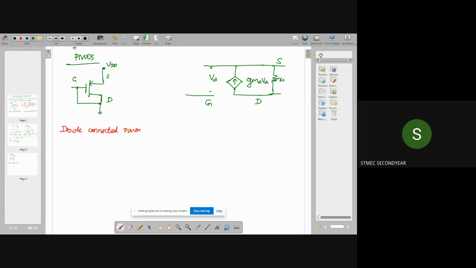Now, for the diode connected PMOS, you have to do this connection. That is, gate and drain should be connected together. So here I am connecting this gate and drain.